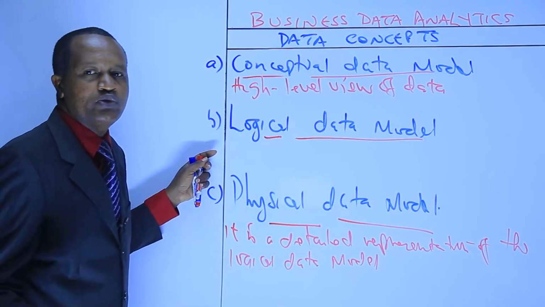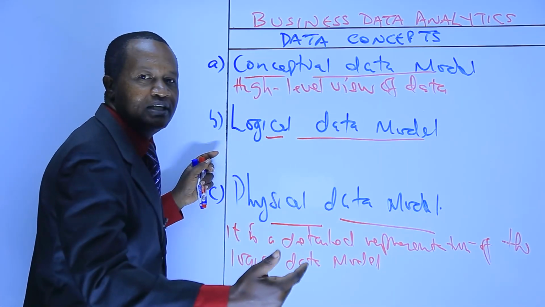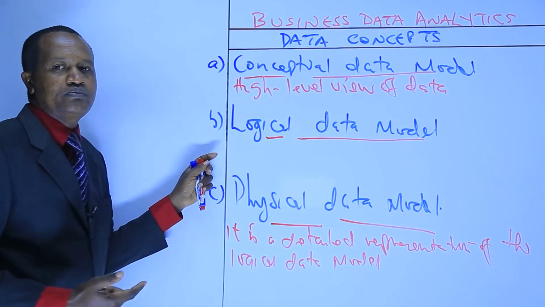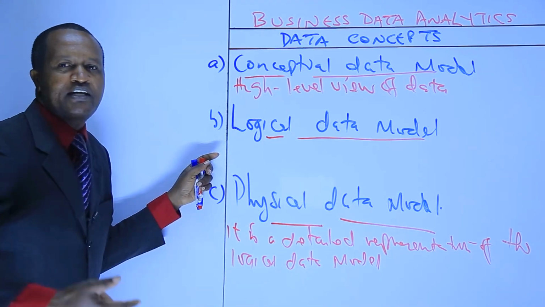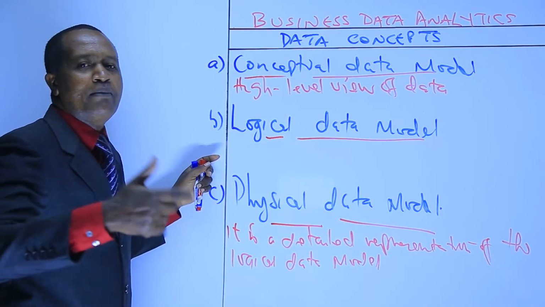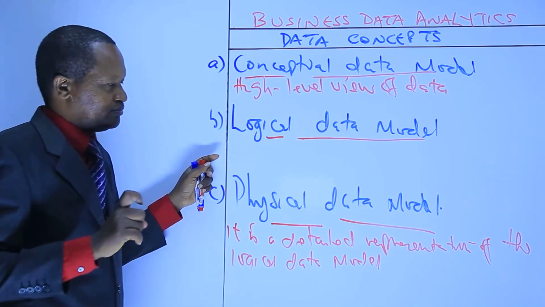It also includes the physical location of data and the database schemas and so on. It is a model that is specific to a particular technology and a database management system.